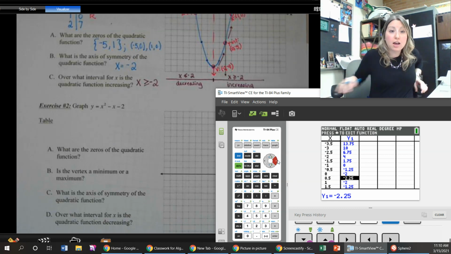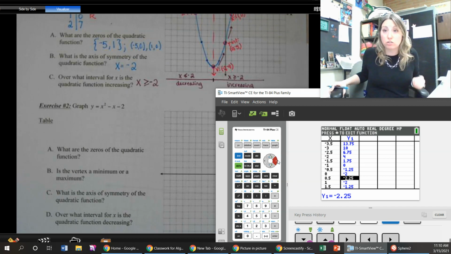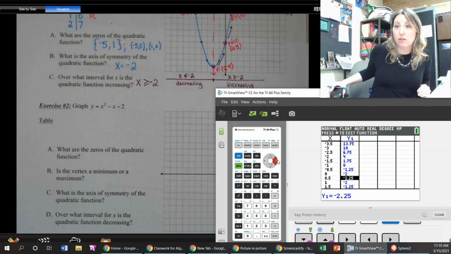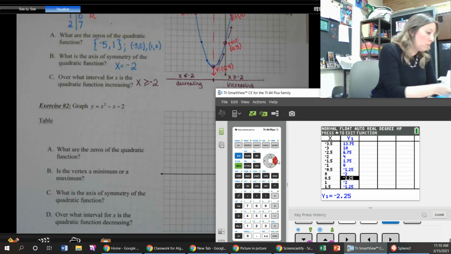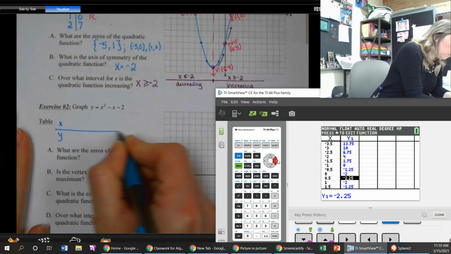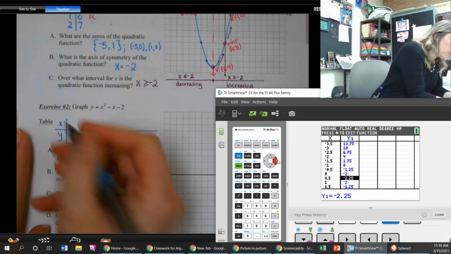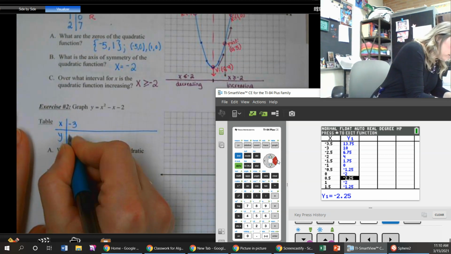But as far as the actual axis of symmetry equation and vertex go, I need the exact values of that. Okay, so the rest of my horizontal table this time, because that's what I have room for, will be integer points. The first integer point I'm going to be able to fit, -3, 10.